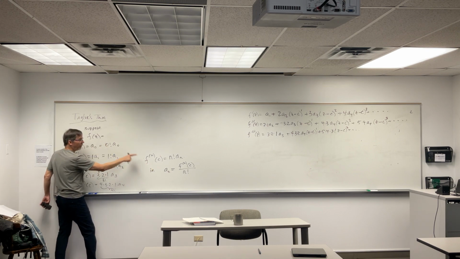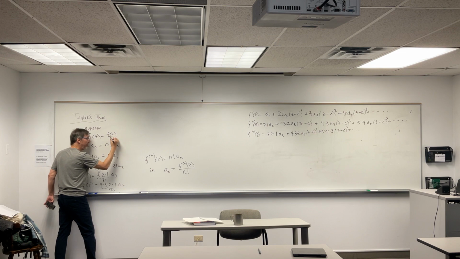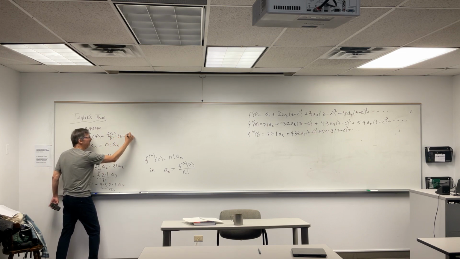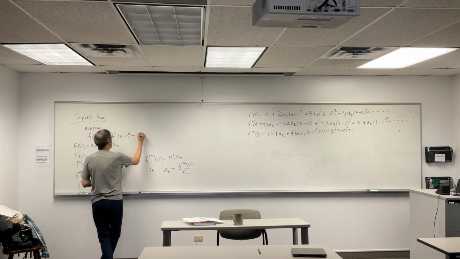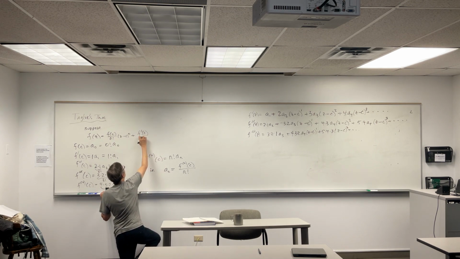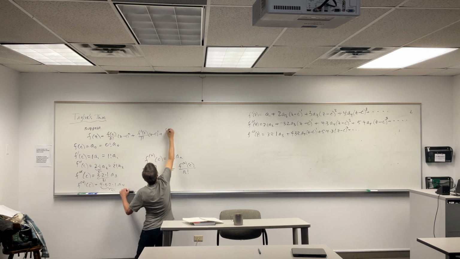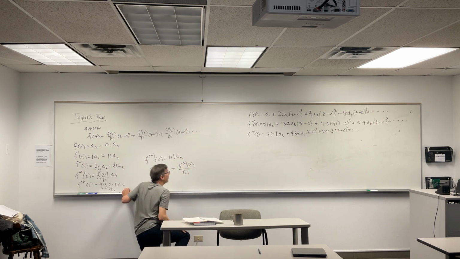So a sub 0 is the 0th derivative, which is just the function, divided by 0 factorial. That's constant. Then I have z minus c to the 0, but we don't write that, but we could. Then f prime at c over 1 factorial, z minus c to the first, second derivative at the center over 2 factorial, z minus c squared. On down the way.